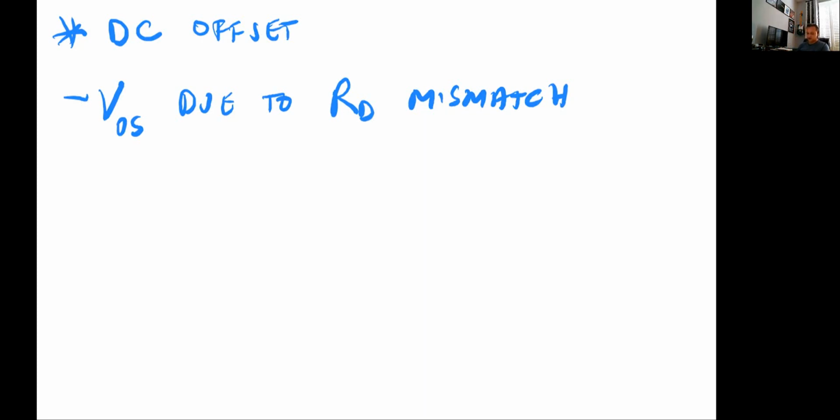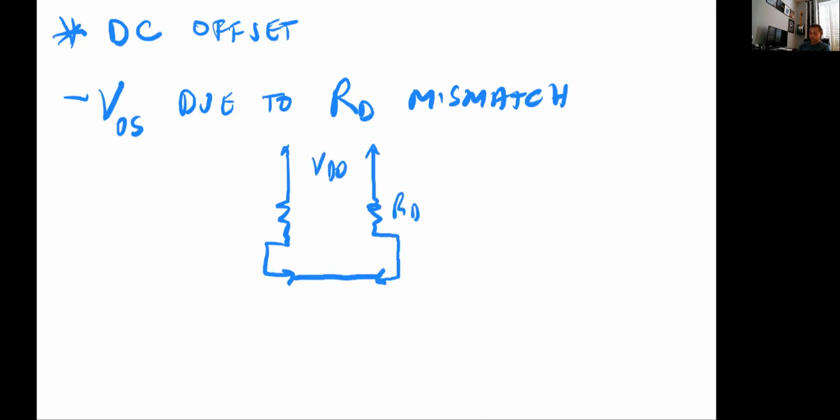All we're doing is taking the same differential pair, and the idea is that if you ground the inputs and you take the output, the outputs. So here you have your output.